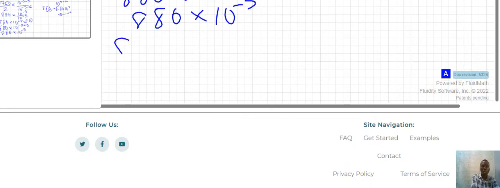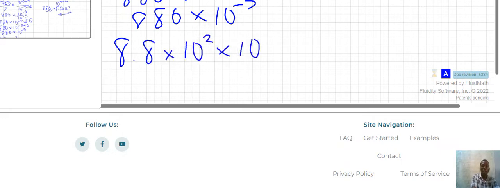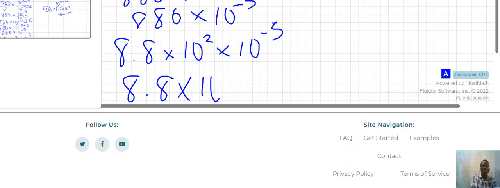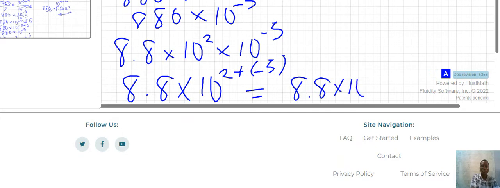So when we do that, we'll now have our 8.8 times 10 raised to power 2 times 10 raised to power minus 5. So this will give us 8.8 times 10 raised to power 2 plus bracket minus 5, right? So this will give us 8.8 times 10 raised to power 2 minus 5.